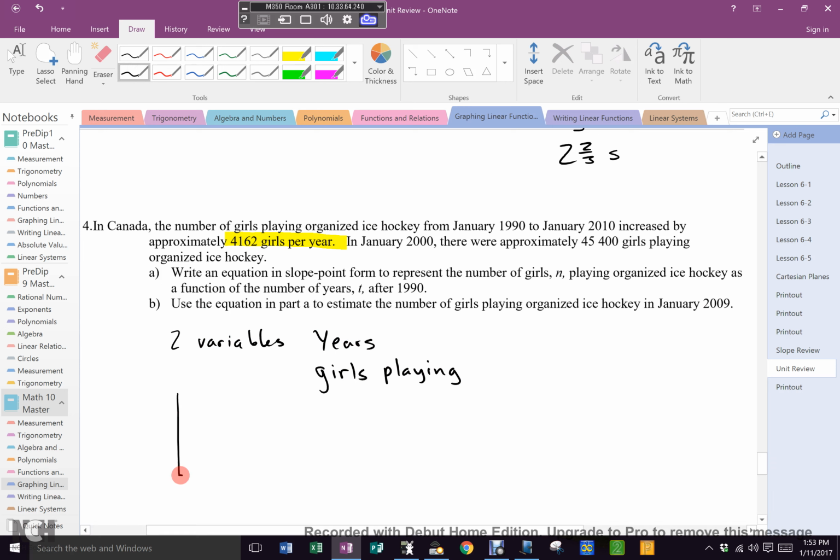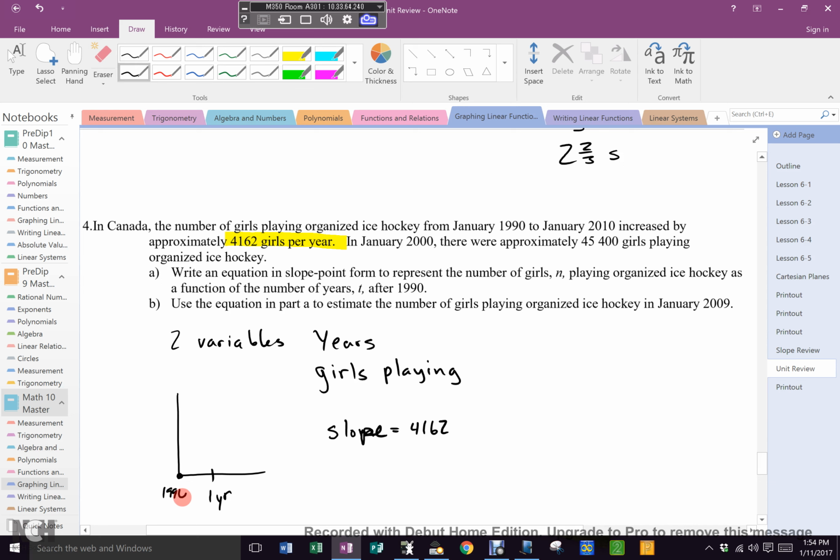So if I put that on a graph, if I started at 0 and I went out 1 year, I would go up 4,162. So that must mean my slope equals 4,162.